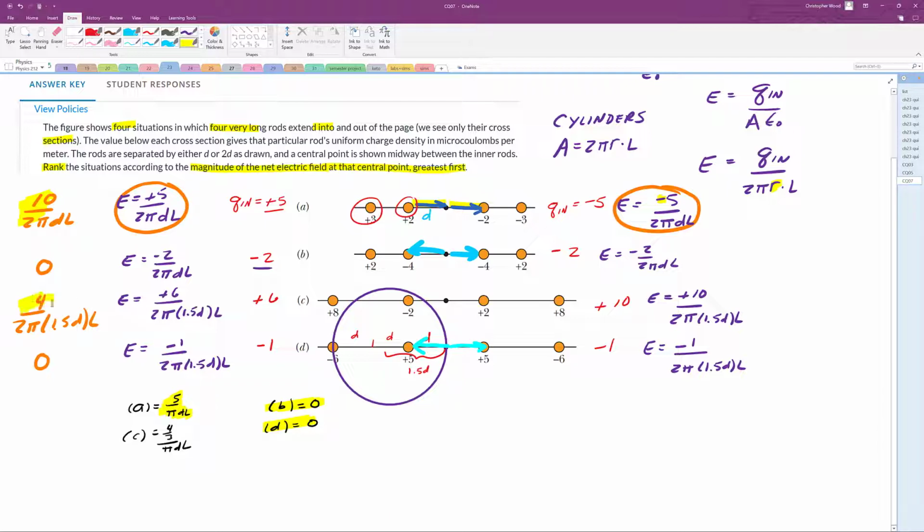Situation C, I have 4 over 2 pi 1.5 dl, which is why I'm calling this 4/3 over pi dl. So as far as the rankings are concerned, the electric field at point P in situation A is greater than situation C, and situation C is greater than situation B, which is equal to D because B and D are both 0.